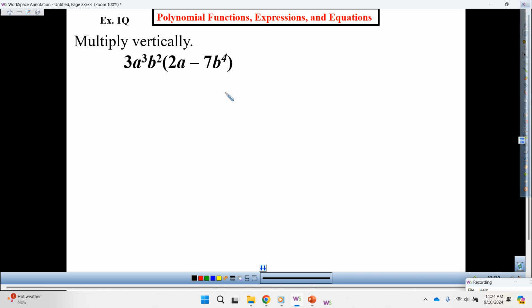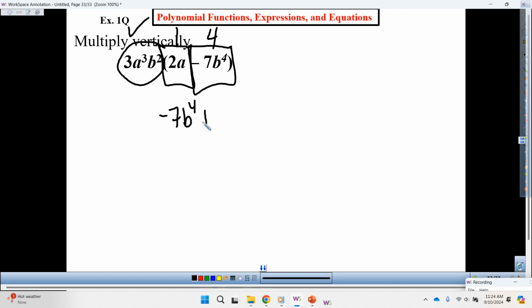Standard form. This one is already in standard form. Check. What degree is this one, everyone? 1. What degree is this one? Is it in order? No. So we write negative 7b to the fourth plus 2a times 3a cubed b squared.